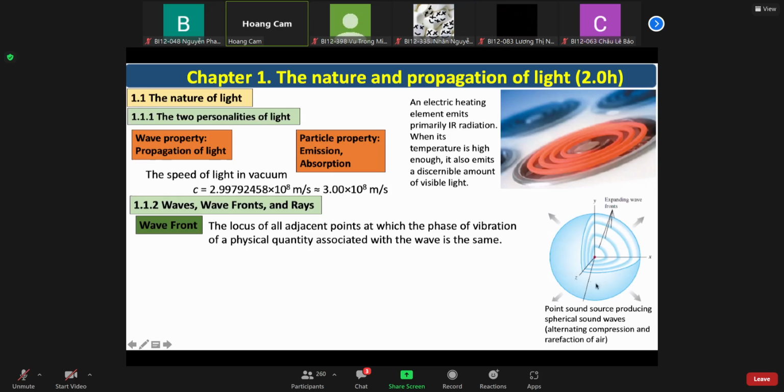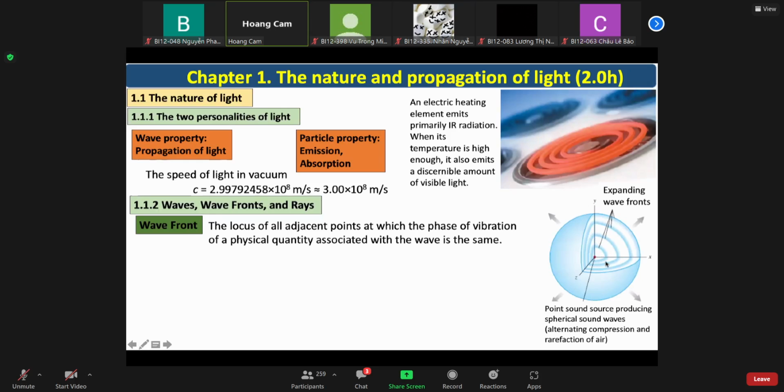Here you have the spherical sound wave. All the adjacent points on this curve are called the wavefront. You have this wavefront, and this wavefront, and this wavefront, etc. Because we have the expanding wavefront, the expansion of the wavefront surrounds this point sound source.